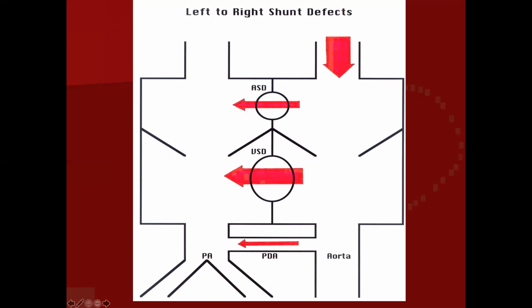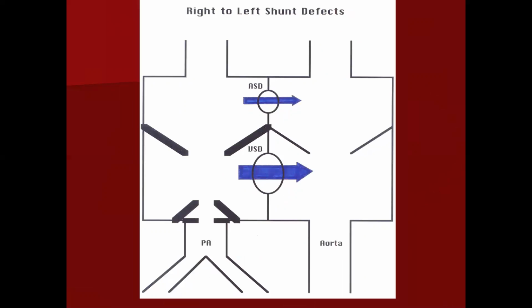Oxygenated blood flows left to right from areas of higher systemic vascular resistance to lower resistance, which is usually the pulmonary vascular bed. In right to left shunts, blue blood shunts across the right side of the heart to the left side of the heart.